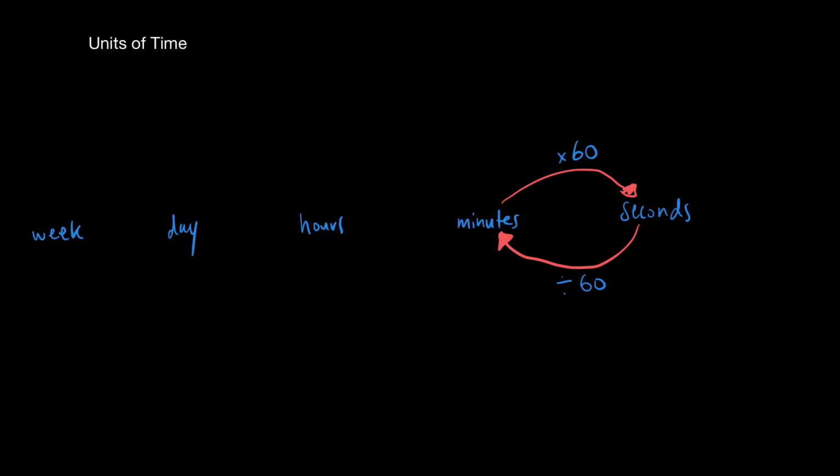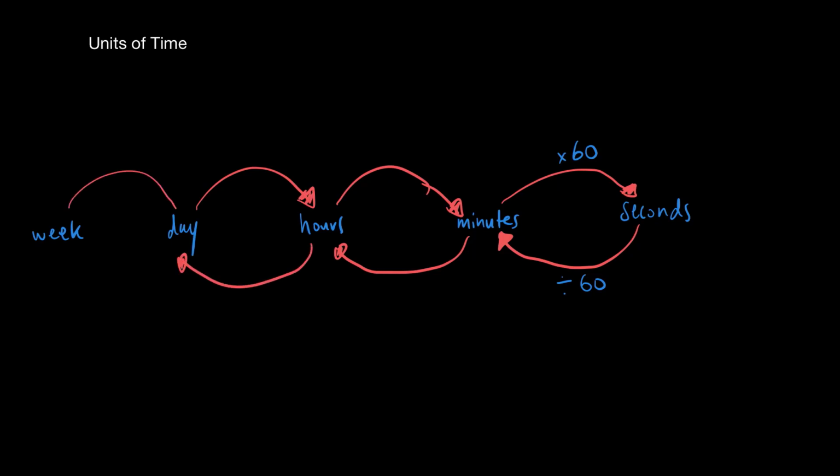And if I continue to look at the others, the next one we will look at is moving from hours to minutes. Again, there's 60 minutes in an hour, so I'll need to multiply by 60 to go from hours to minutes. Moving back the opposite way, I divide.